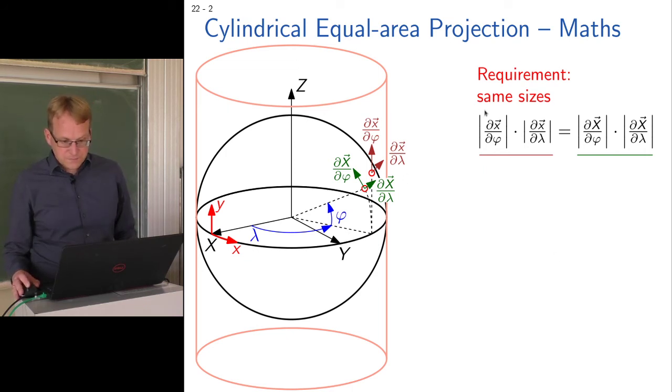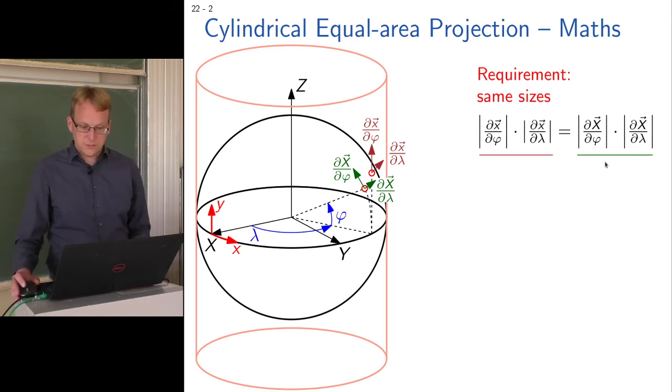So we take the length of one vector times the length of the other vector, and that gives us the size of the surface element. That should be equal to the size of the corresponding surface element on the Earth's surface, on the sphere. So that is our requirement here.